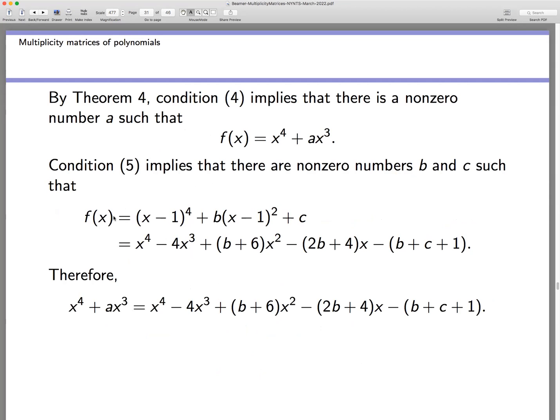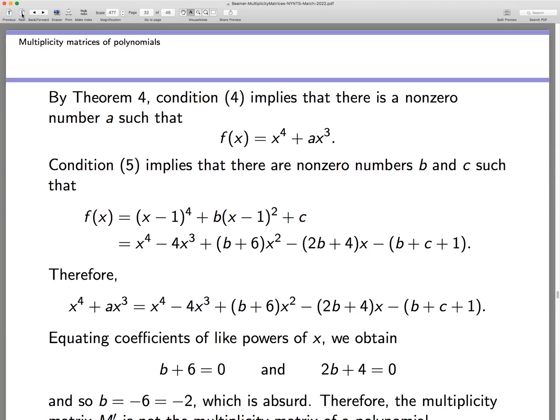When you equate them, you get this equals this. So when you compare coefficients, you see a has to equal minus 4, b plus 6 is 0, 2b plus 4 is 0, b plus c plus 1 is 0. I don't need all of that information, but if b plus 6 is 0, b is minus 6. But if 2b plus 4 is 0, b is minus 2.